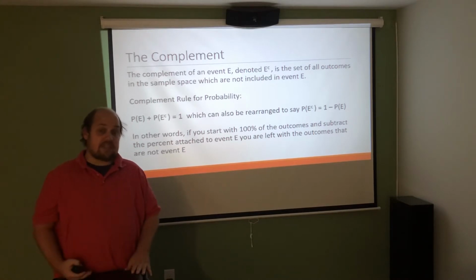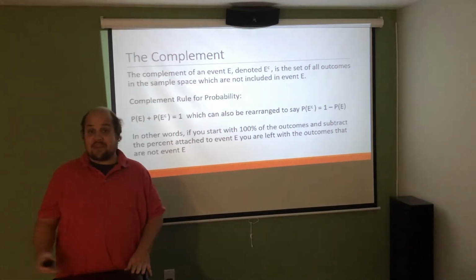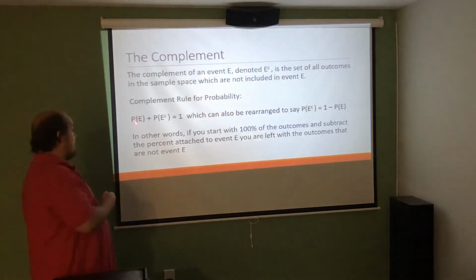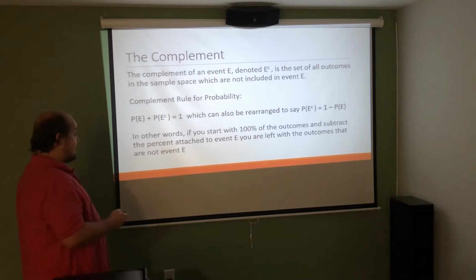We had in the previous slide something that said the probability of everything in the sample space is 1 because that includes everything that could happen. Same way here, an event and its complement, which essentially is the whole sample space, also must equal 1.